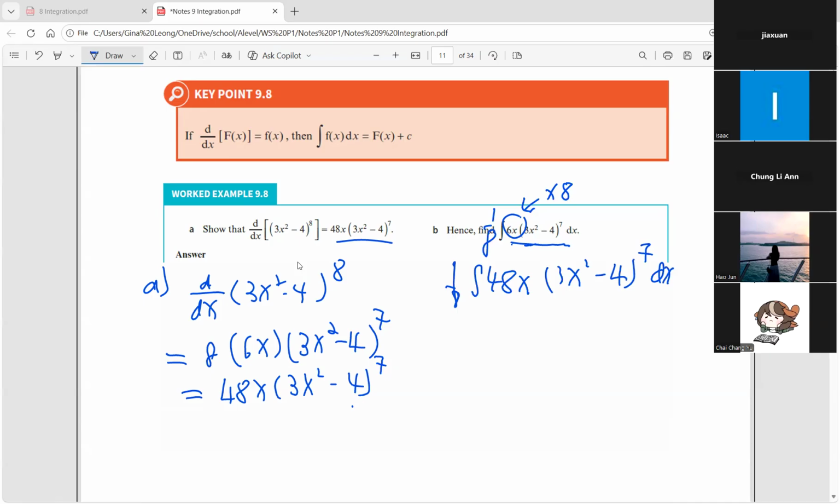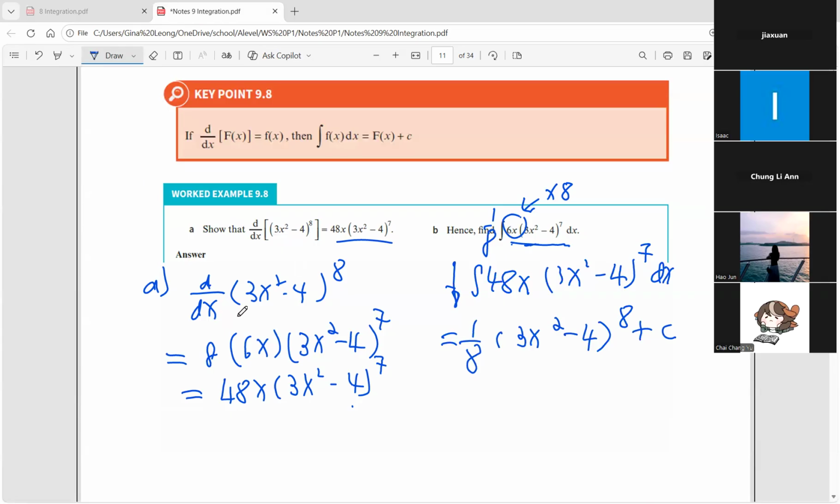Then we know that 48x times 3x squared minus 4 power 7 is actually the same as what we did just now. So meaning that I will get 3x squared minus 4 power 8 plus c. Can you follow?